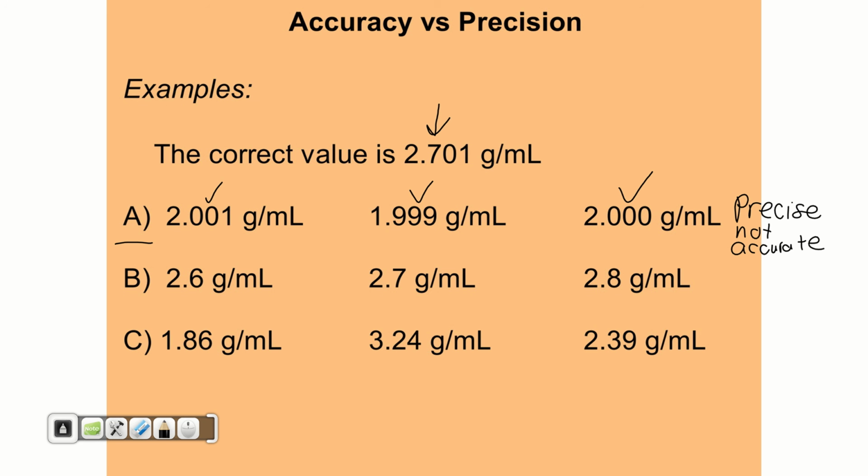The second group, 2.6, 2.7, 2.8, they would be both precise and accurate, because if I take an average of all three of those, they're basically getting an average of 2.7. The average for the first group would be 2, so they're pretty far off.